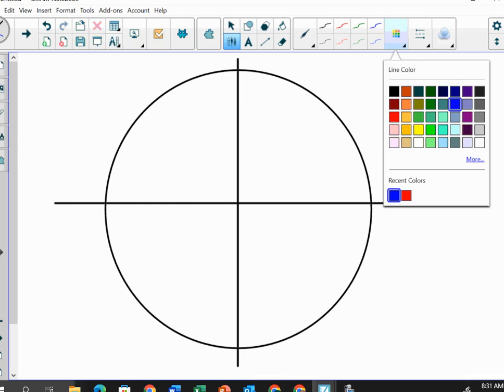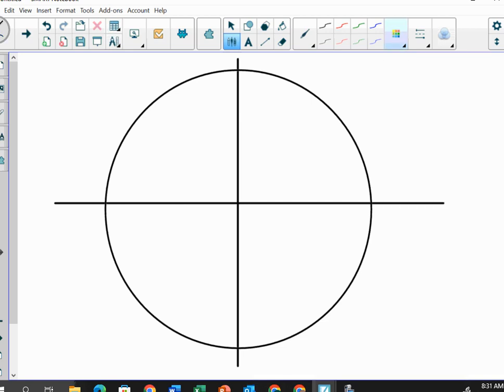So guys, I will use several colors on here. I'll probably use red, blue, green, and purple. You need 4 different colors.